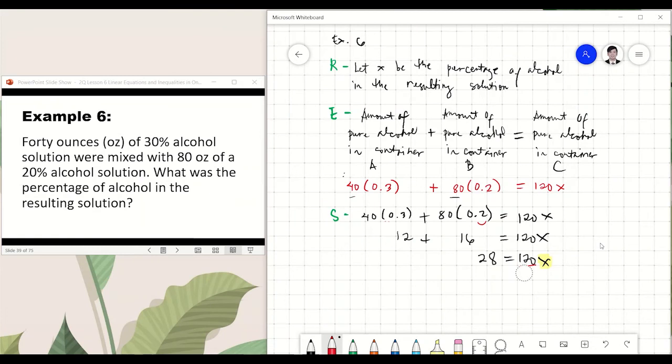So, yung goal natin is magiging 1 siya. So, gagamit tayo ng MPE. Paggamit natin ng MPE, magmumultiply lang tayo ng reciprocal ng 120, which is 1 over 120. Whatever you do on the right, do on the left. Again, this is MPE.